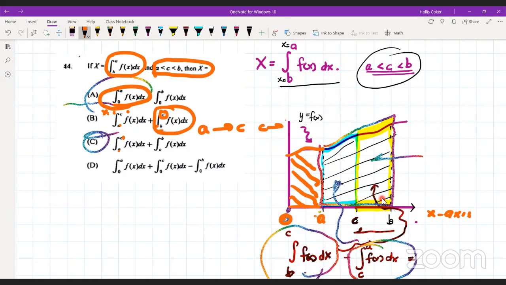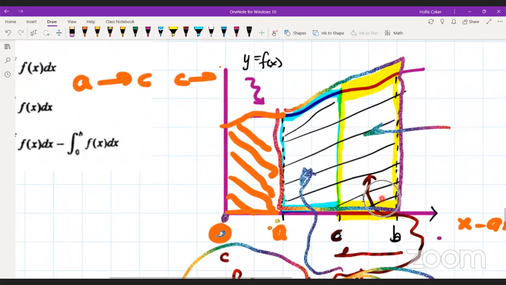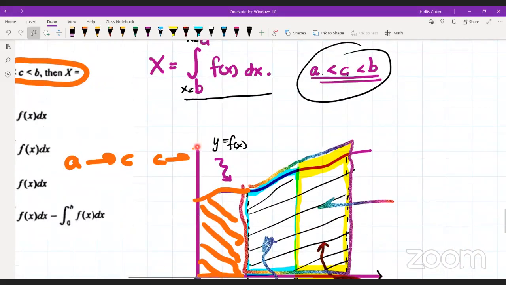Understand that? Yeah, I understand, because the limits are reversed. Right, so this one here, let me zoom in a bit. All right, so they're trying to confuse you there.